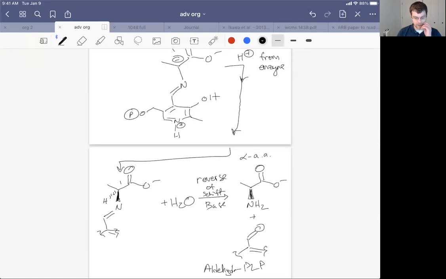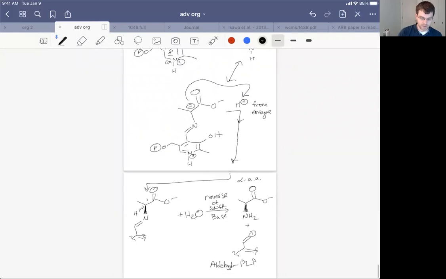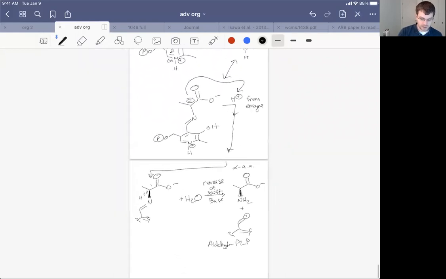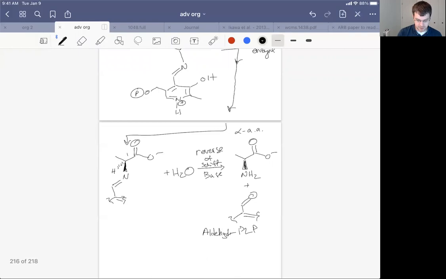And the enzyme will now do some work to get back to a situation where we can form an imine on another alpha keto acid. And so this is turned over by the enzyme. Okay, so that's kind of how we use Schiff bases productively, at least one example.